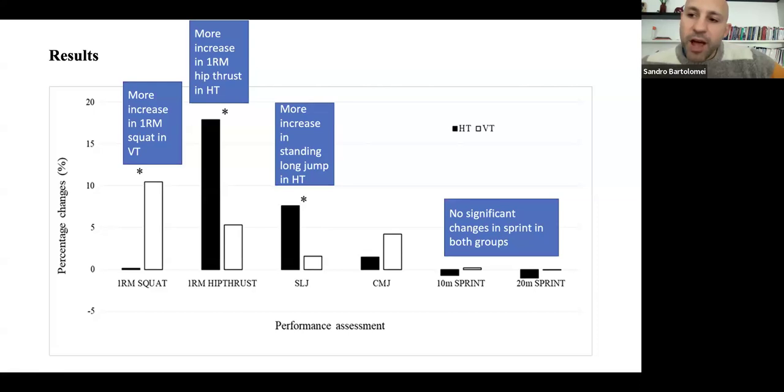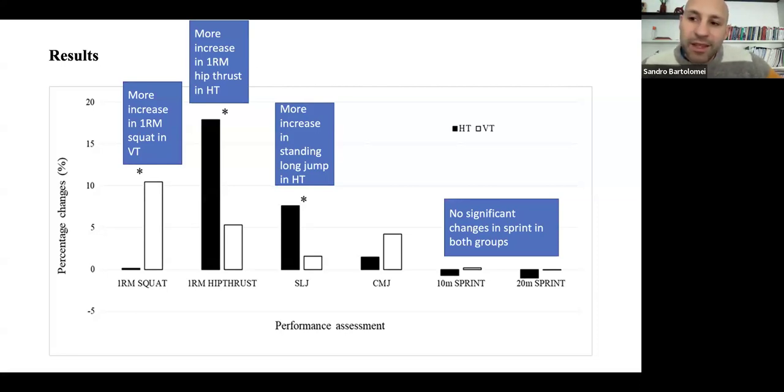In standing long jump, the improvement was greater in the horizontally loaded group because of the specificity. If in training I'm performing long jumps, then my performance in long jump is probably going to increase more compared to the vertical group.